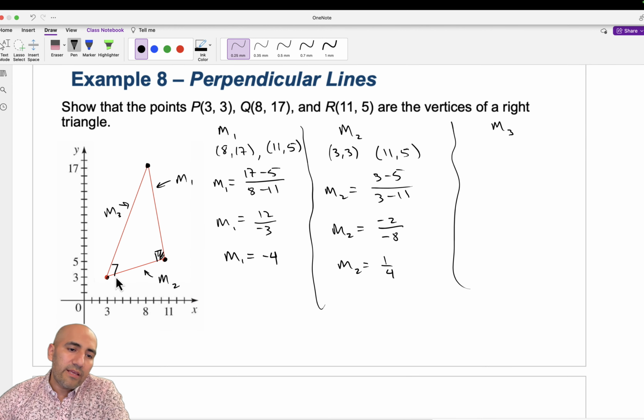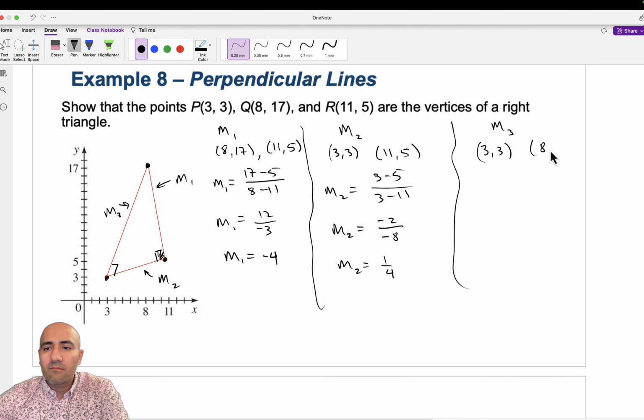Finally, m sub 3 involves this point and this point, so that would be the point (3, 3) and the point (8, 17). So m sub 3 is equal to 3 minus 17 divided by 3 minus 8.